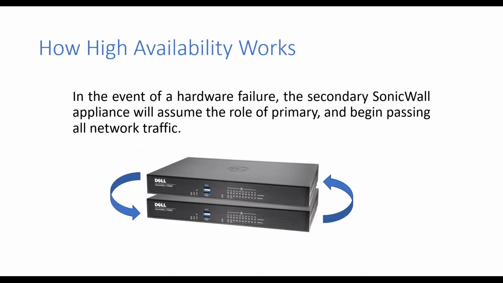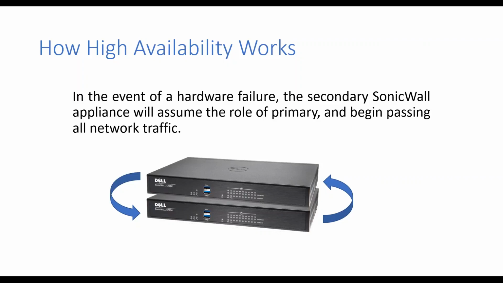In the event of a hardware failure, the secondary SonicWall appliance will assume the role of primary and will begin passing all network traffic. Network users will continue to work from their computers as normal. They won't have to change any settings, but their network traffic will now be handed off to the secondary HA SonicWall appliance. Can you show us some examples about how this high availability is actually implemented?